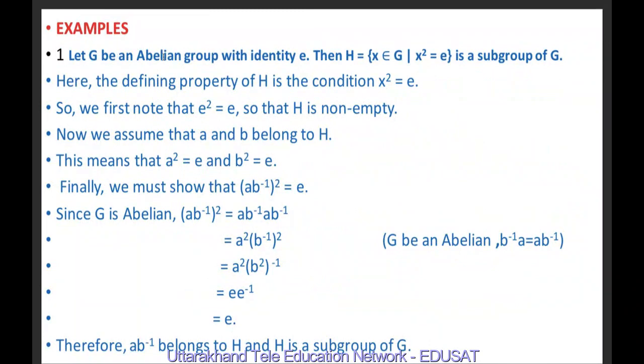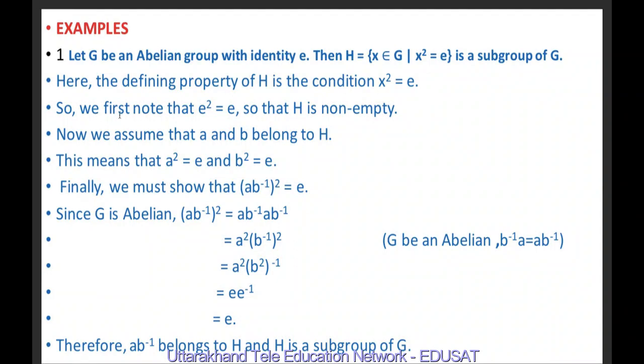Let G be an abelian group with identity E. Then H equal to the set of X belonging to G such that X square equal to E is a subgroup of G. So we are given a set H which consists of elements of G for which X square equal to E. So our defining property of H is the condition X square equal to E, which we have identified.